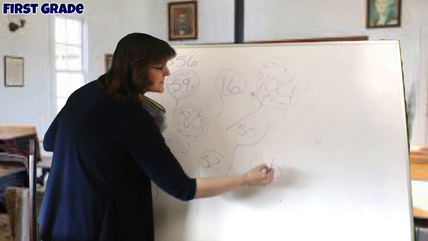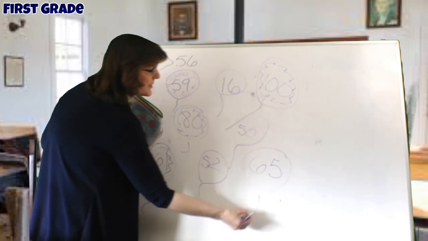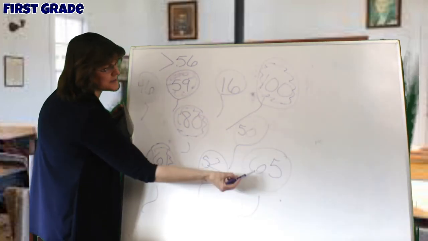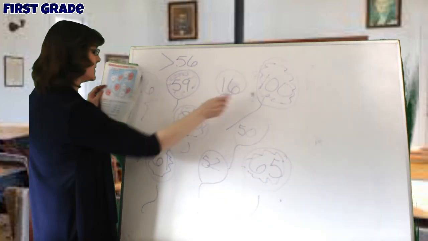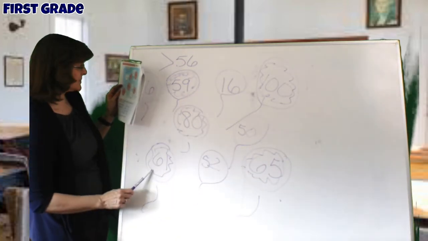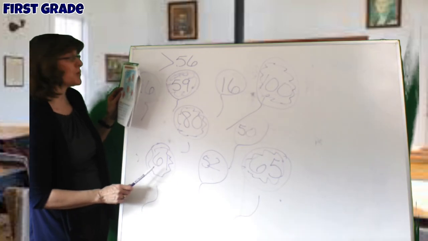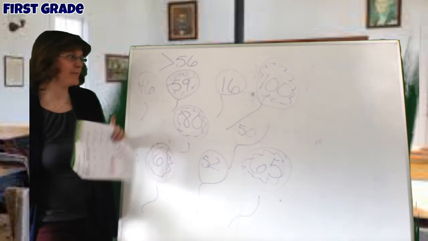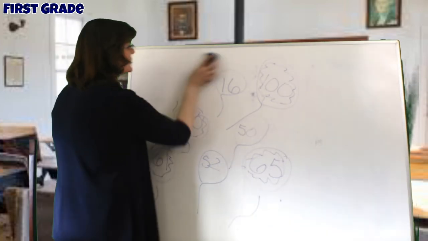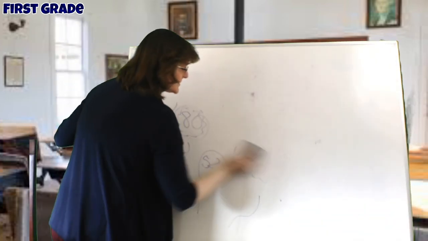And we have a 65. And we look at the tens, 6 is more than 5, so we color that one. So we should have colored 59, 100, 80, the 1 ten and 6, 1 one and 6 tens, which is 61, and the 65. Now we have some things to answer, true or false, or yes or no.